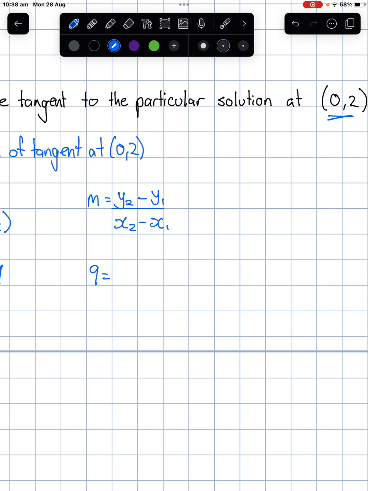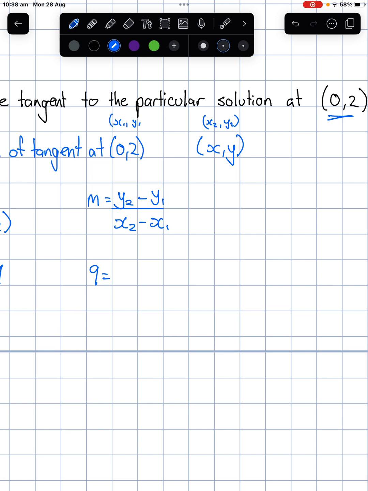I'm just going to use the coordinate x and y as x2, y2, and then use these ones as x1, y1.